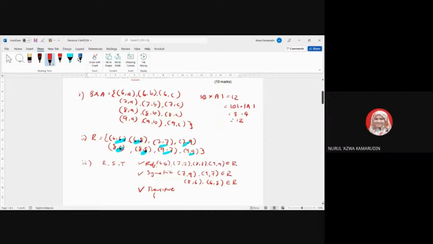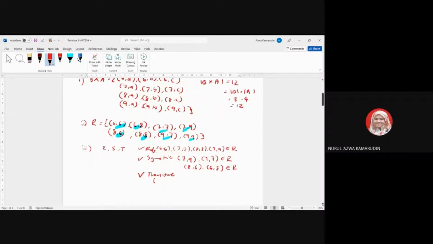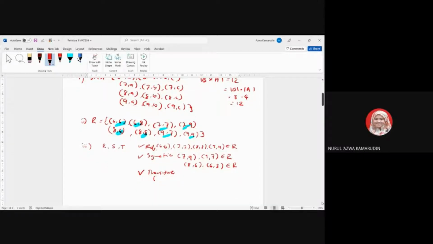Kalau nak tunjuk 3, tunjuk 3. Meaning 6, 8, 8, 6 and 6, 6 are all in R. Lepas tu apa lagi you boleh tunjuk.